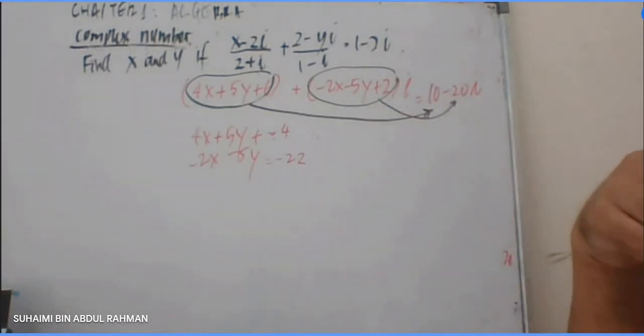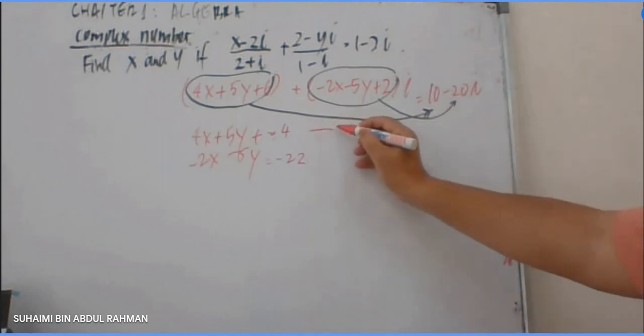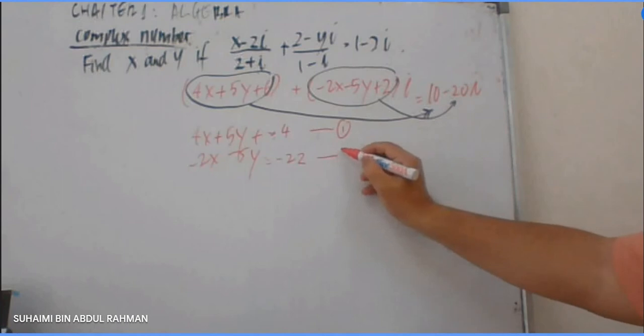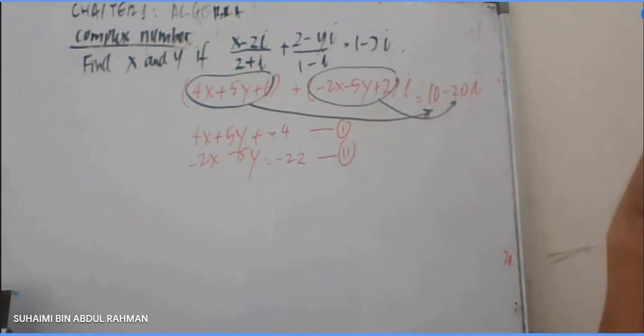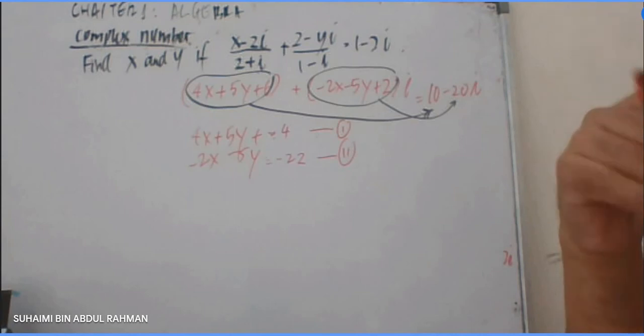So we have two equations here. We can name this as equation number 1 and equation number 2. A simultaneous equation again.